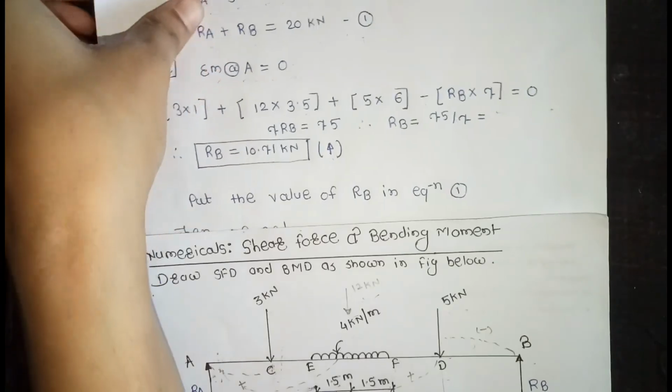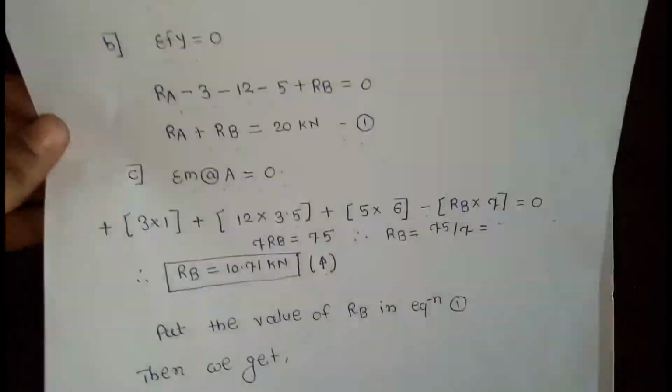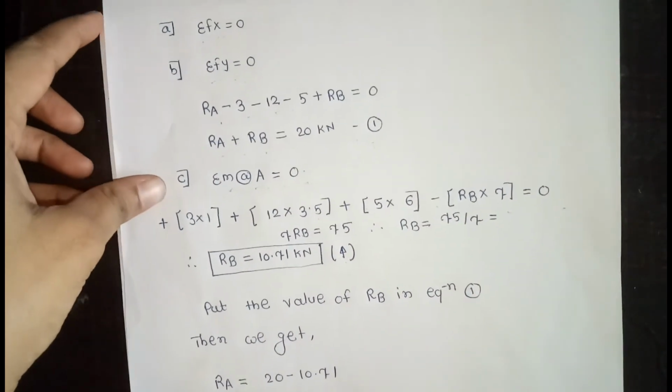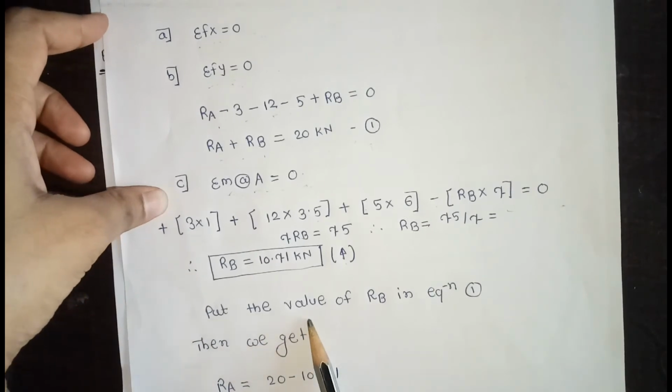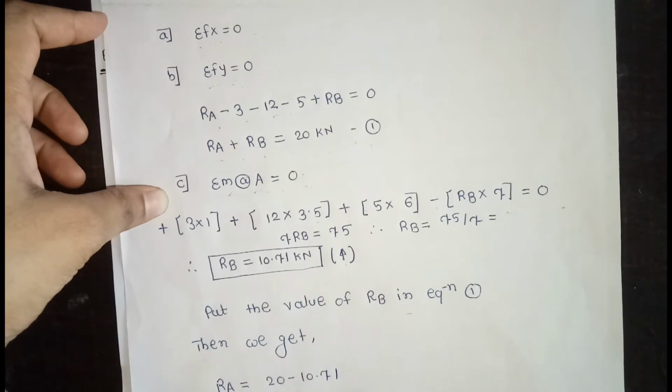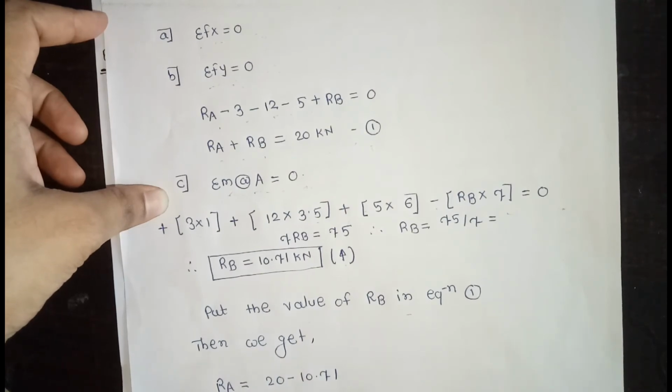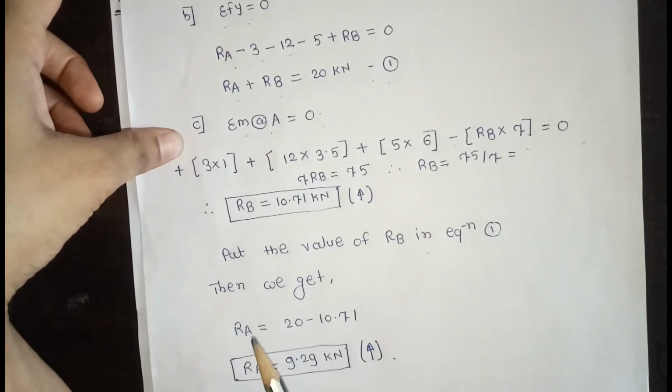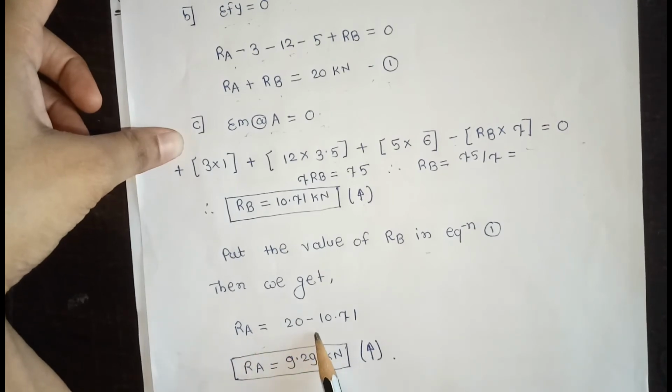Then put the value of RB in equation 1. Then we get RA: RA is equal to 20 minus 10.71. Then RA is equal to 9.29 kN.